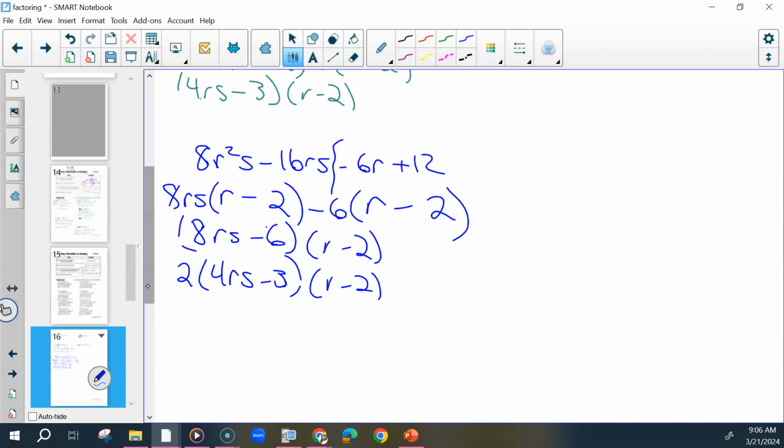If at the beginning you had seen that I could divide each of these by 2, you could have found the GCF, divided it out, and then done that problem from there. So be on the lookout for GCFs, especially if you see bigger numbers. There's possibly a GCF. Okay. Questions on this?